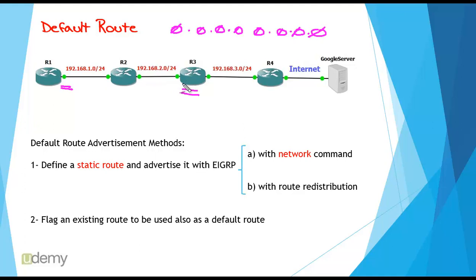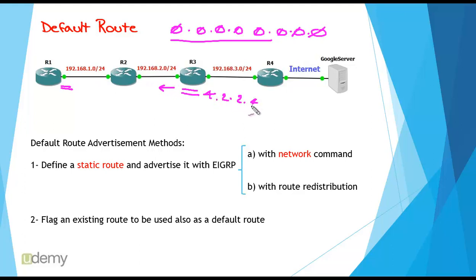This router knows that for going to the network 192.168.1.0/24, the longest prefix match says you have to choose this route. Router 3 uses this route to reach the network 192.168.1.0.